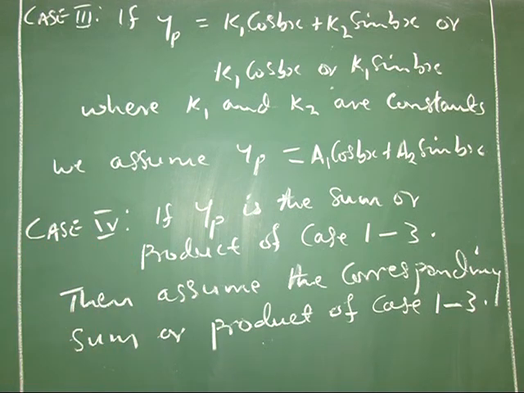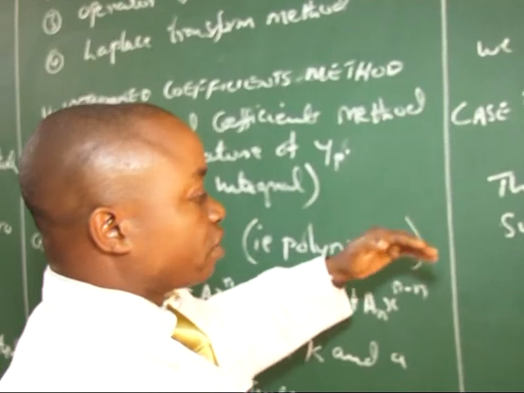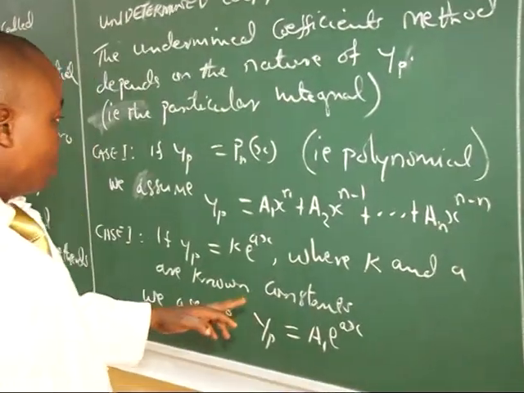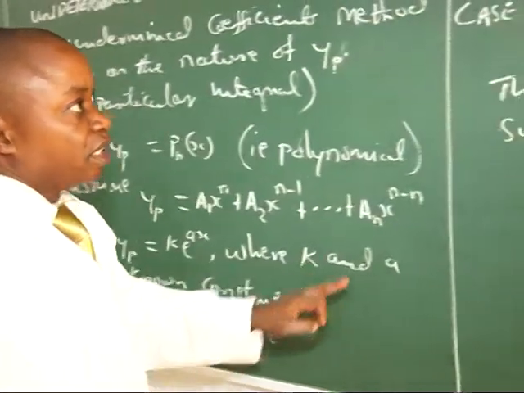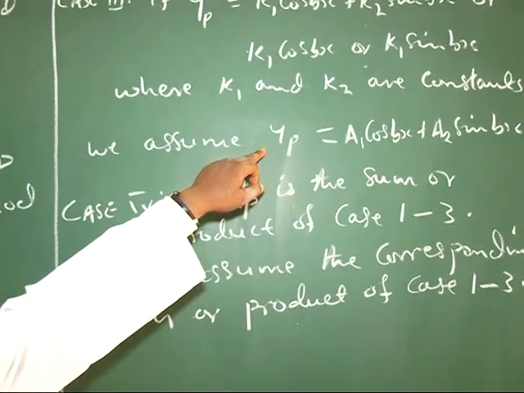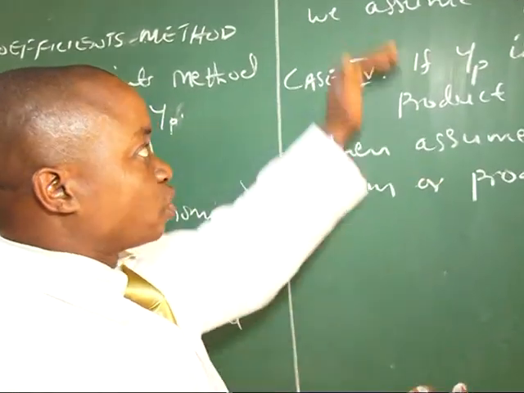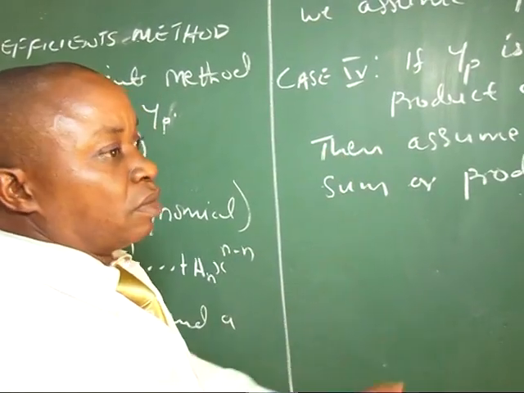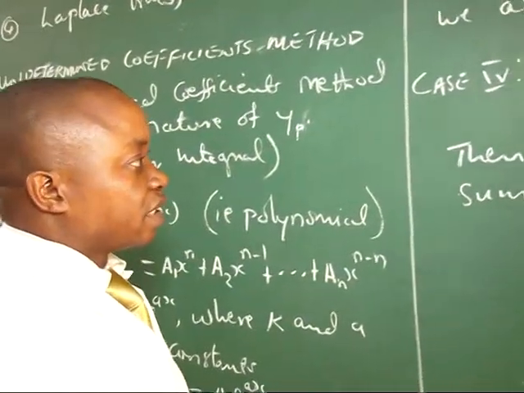See the assumption here. We have assumption here for polynomial, we have here for exponential, we have here for trig function. So if yp is the product of case 1 to 3, we also assume the corresponding products or sum. So that is how it is.